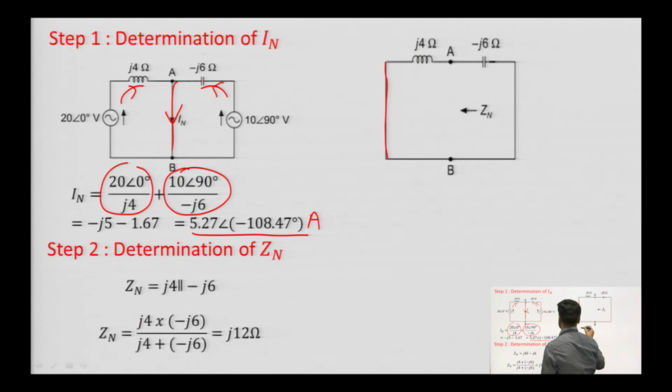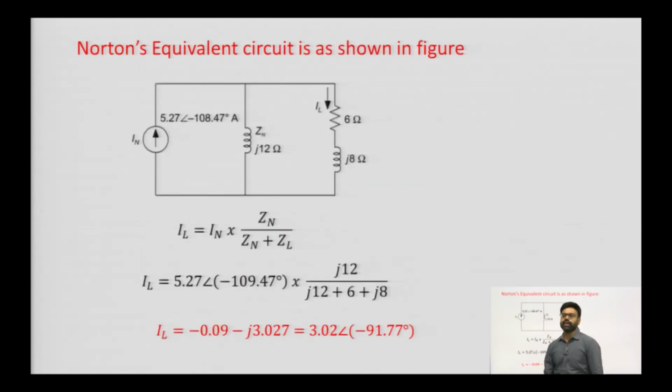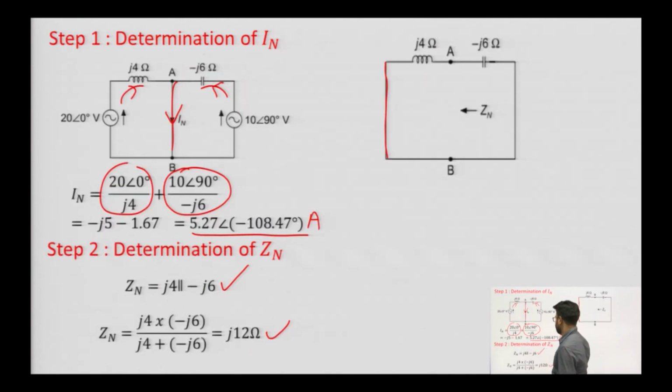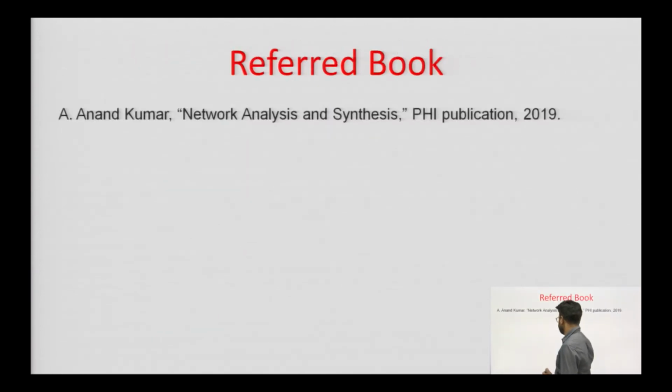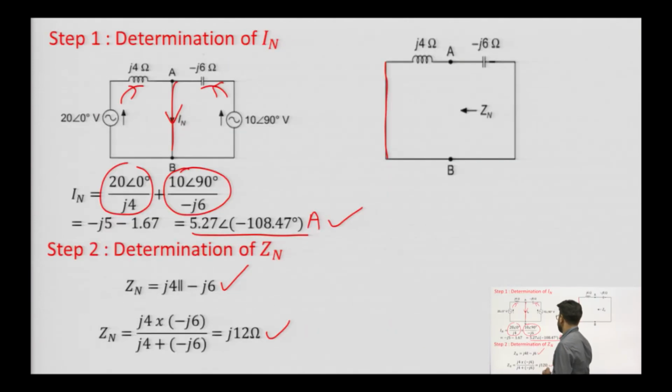So, we will get the value of Zn as j4 in parallel with minus j6, and after solving this we will get j12 ohm as the value of Zn. So, finally, we are getting this Norton's equivalent as IN, which we have calculated here, and we have calculated Zn, j12 ohm.